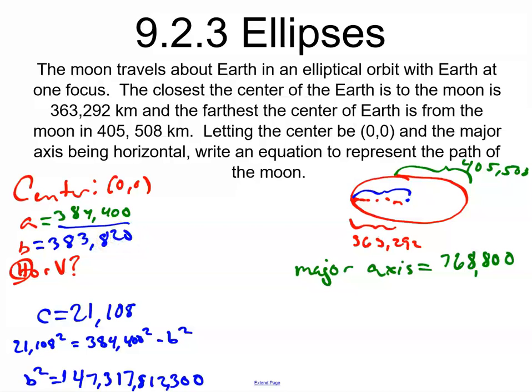And so our equation is going to be x squared over a squared, since I made my major axis the horizontal.